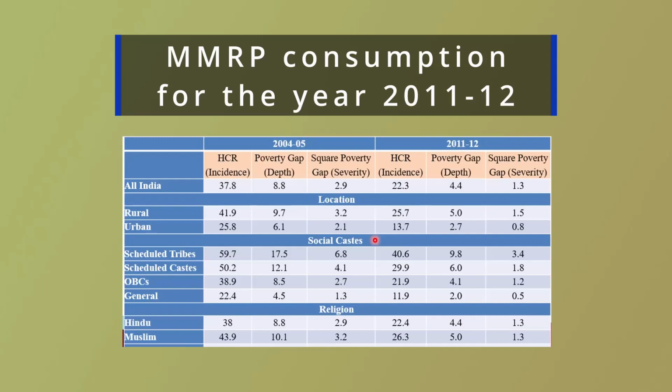If you consider the status of poverty across social caste and religion, then we can say that the percentage of poor, that is head count ratio, is relatively high for the scheduled tribes, followed by scheduled castes, OBC and general caste category. In case of scheduled tribes, 59.7% people were poor in the year 2004-5, which decreased to 40.6% in 2011-12.